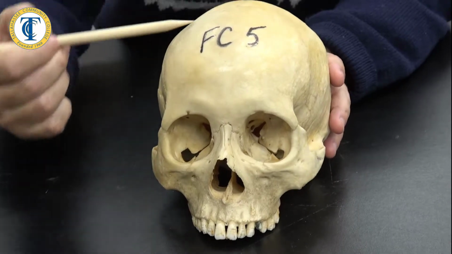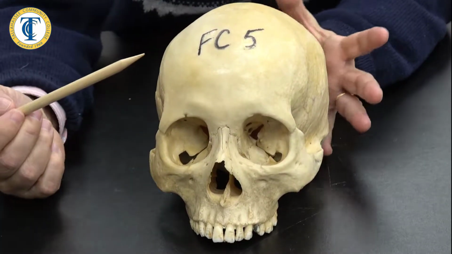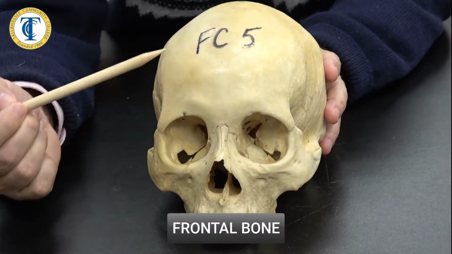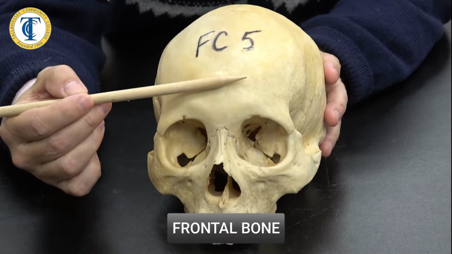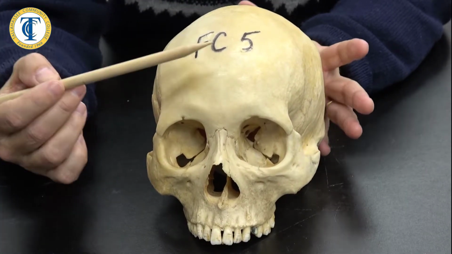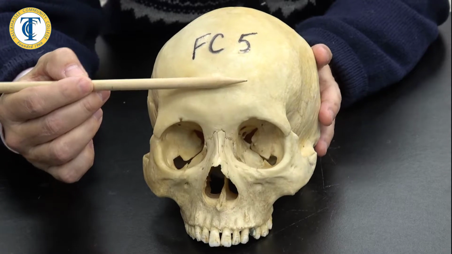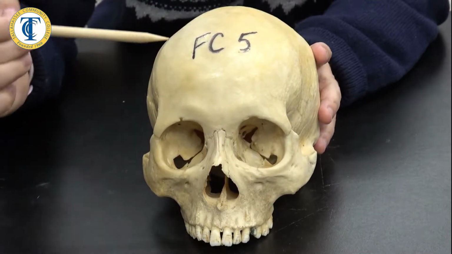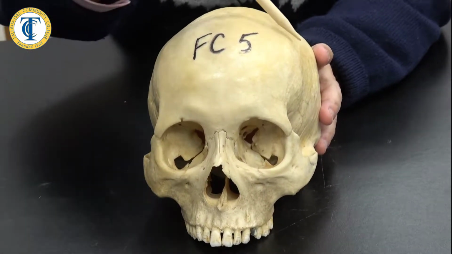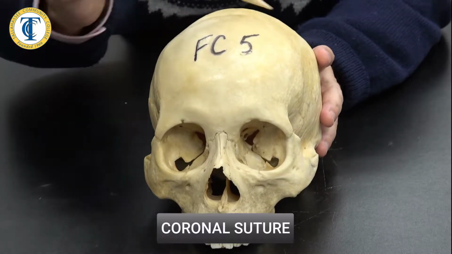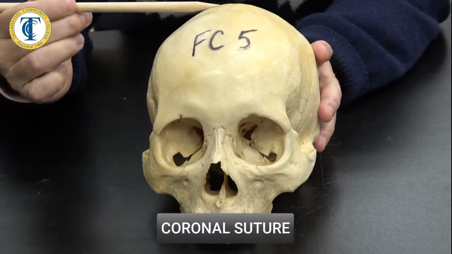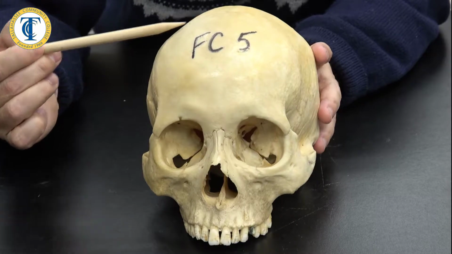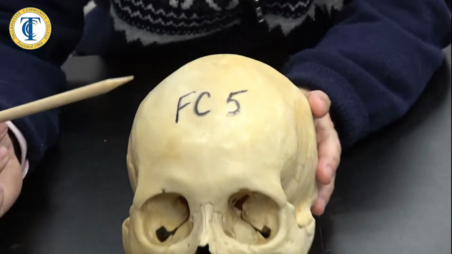So towards the front, a very easy name is the frontal bone. The frontal bone is obviously the bone that you observe on everybody's forehead. The frontal bone is limited on the posterior end by a coronal suture. Bones of the cranium will join each other by sutures.